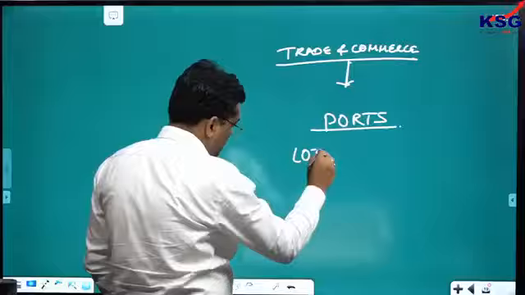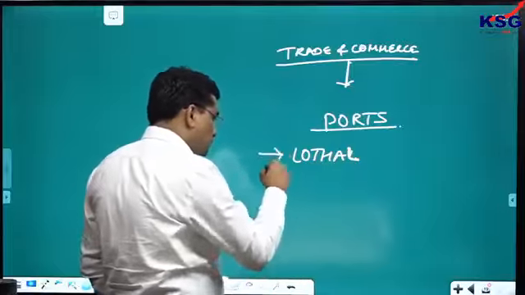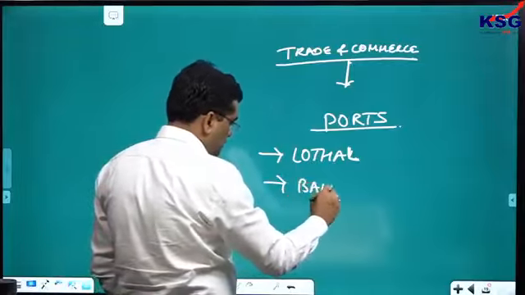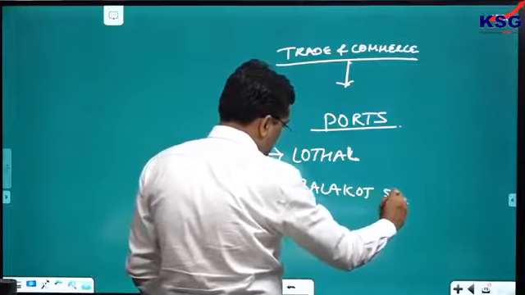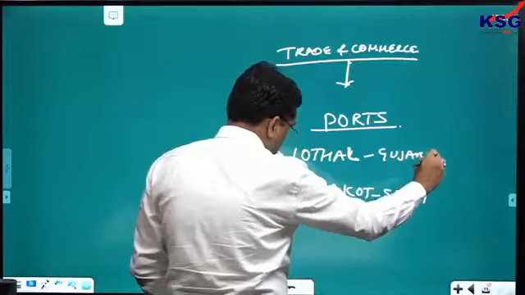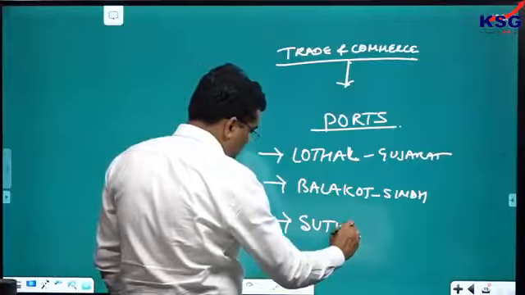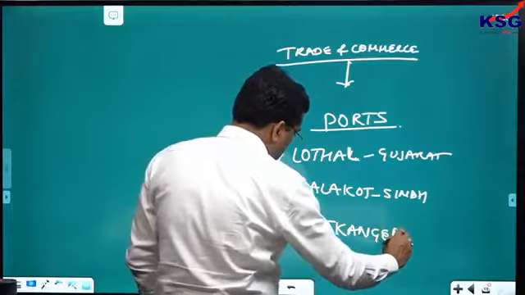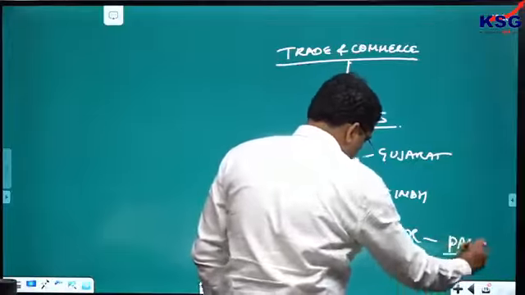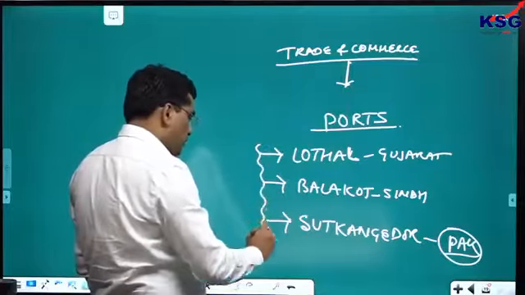Lothal, which was in Gujarat, the most important port. Then we have Balakot in Sindh. Then Sutkagendor, this is the correct spelling, in the Balochistan province of Pakistan. So these are the important ports.